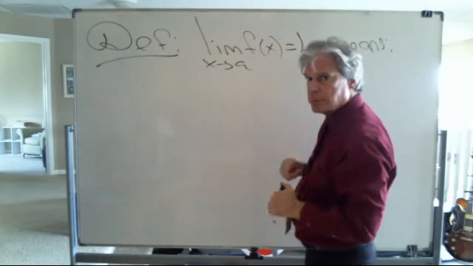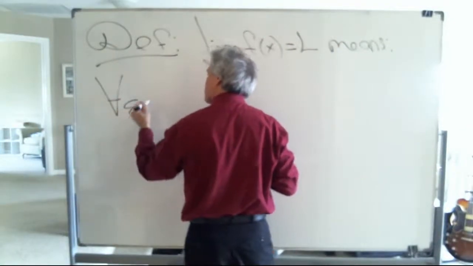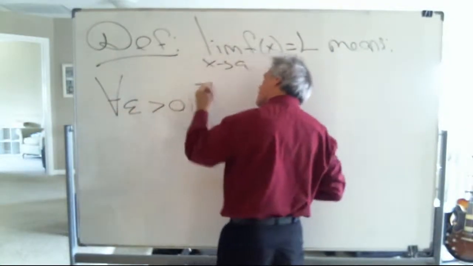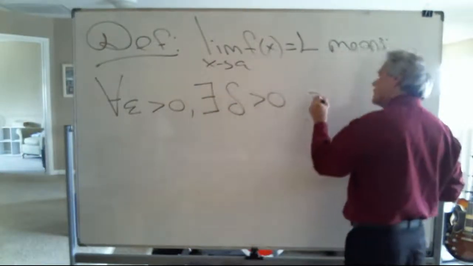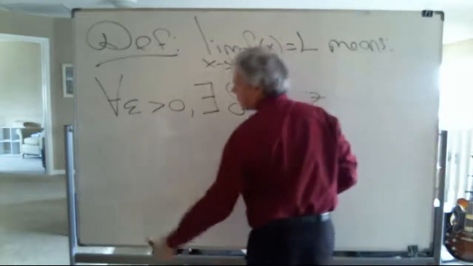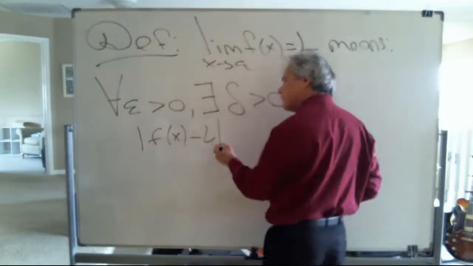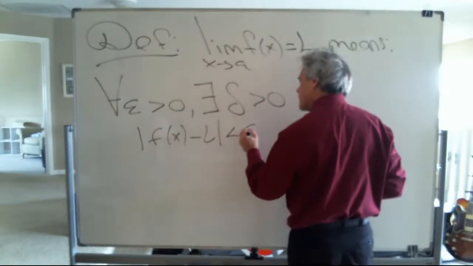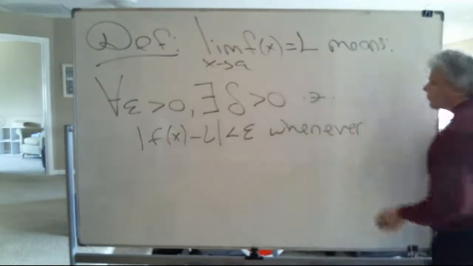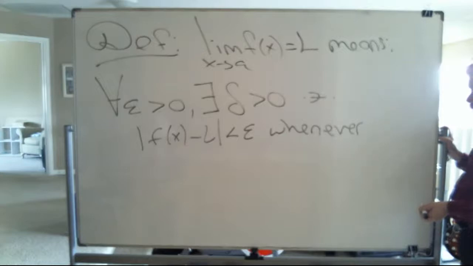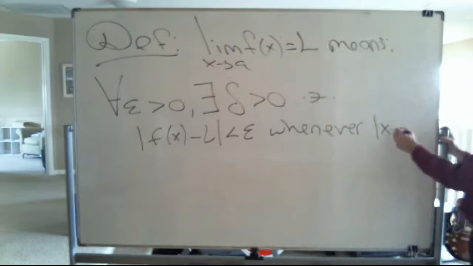If this is true, it means for all epsilon greater than 0, there exists a delta greater than 0 such that the absolute value deviation between f of x and L is no more than epsilon units whenever the absolute value of x minus a is no more than delta units.